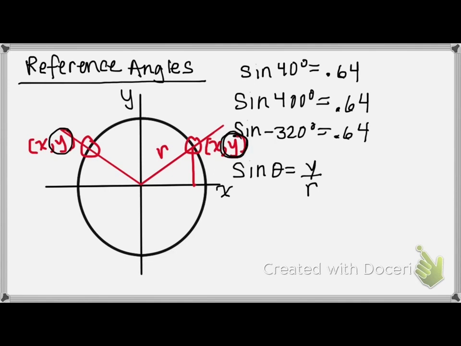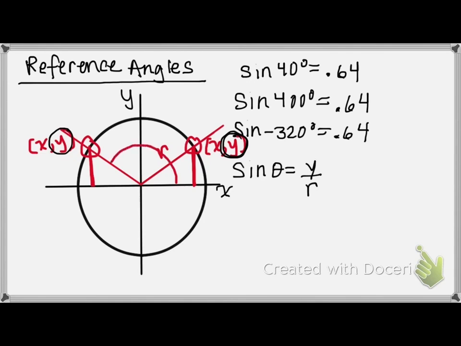You can see that. They're both the same distance above the x-axis. Now stop for a moment and think about, what angle would that be that has the same y coordinate?